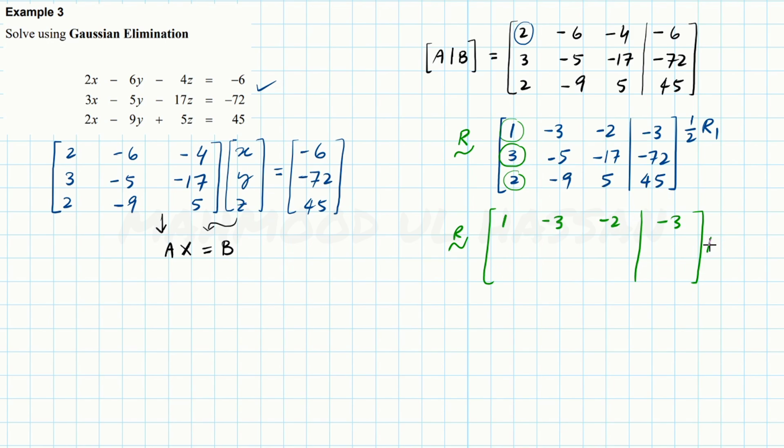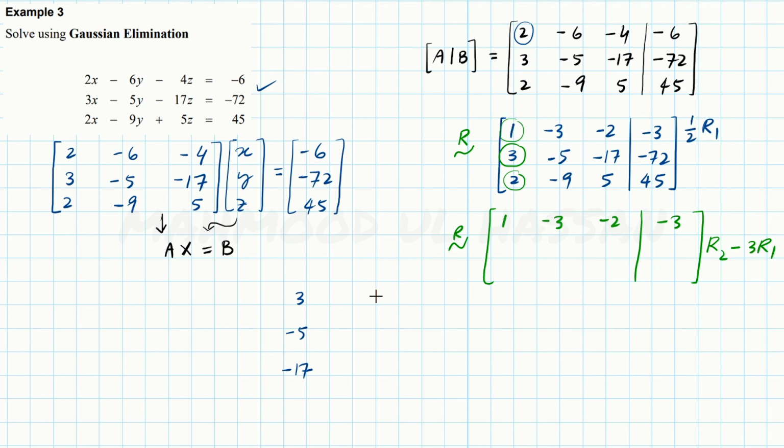If we multiply 3 with row 1 and then subtract from row 2, this 3 would become 0. So that is row 2 minus 3 multiplied with row 1. If we write the row 2 elements this way: 3, -5, -17, and multiply 3 with row 1.